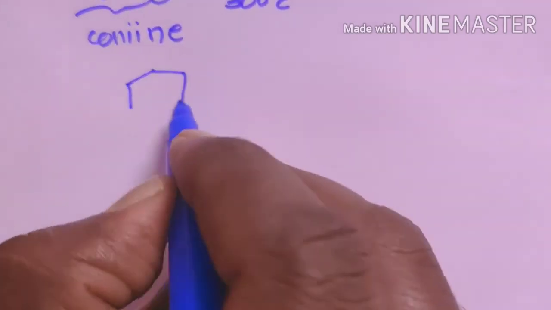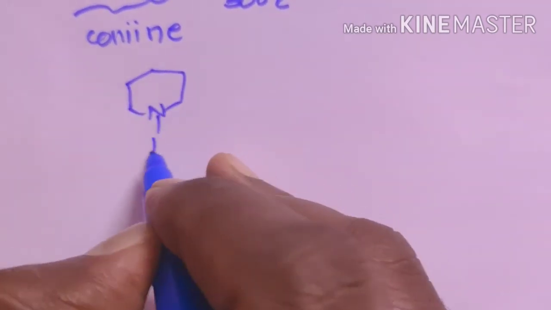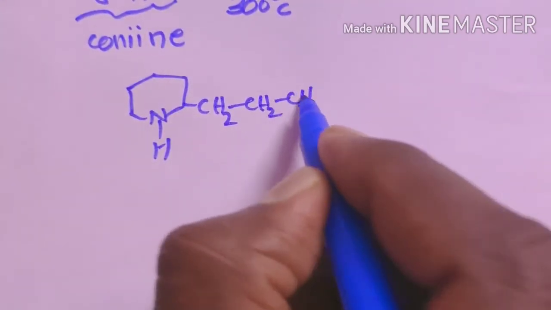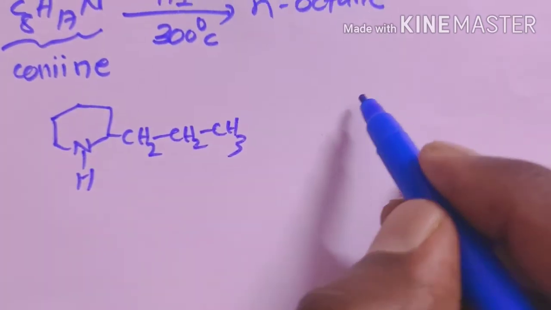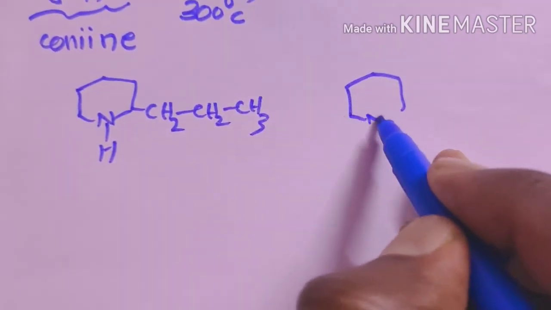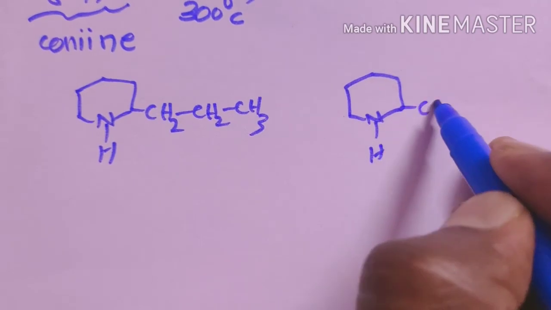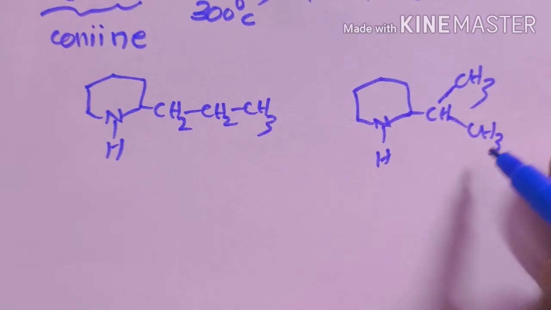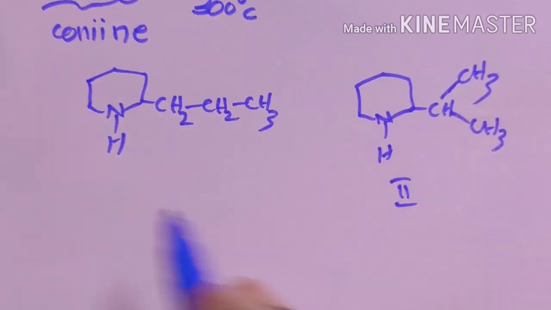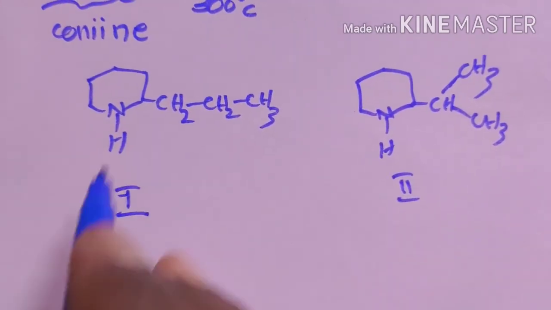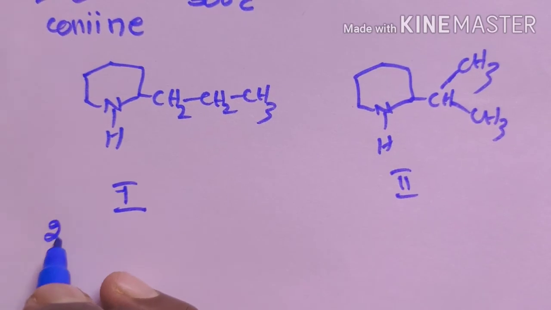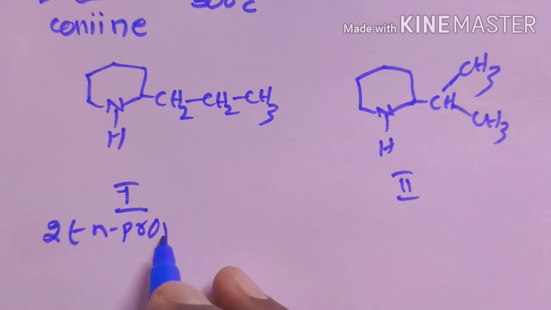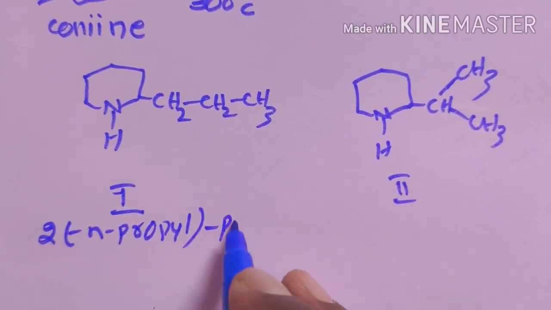First one is this one, and the second structure is this one. This is structure 2 and this is structure 1. The name of this structure 1 is 2-n-propyl piperidine.